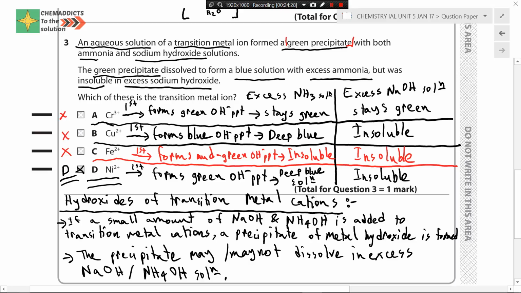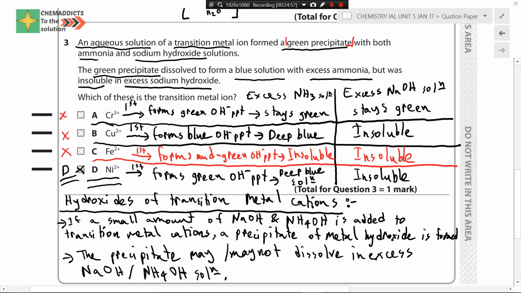Chromium 3 plus first forms green hydroxide precipitate with both ammonia and sodium hydroxide solutions. With excess ammonia solution it stays green, with excess sodium hydroxide solution it stays green.